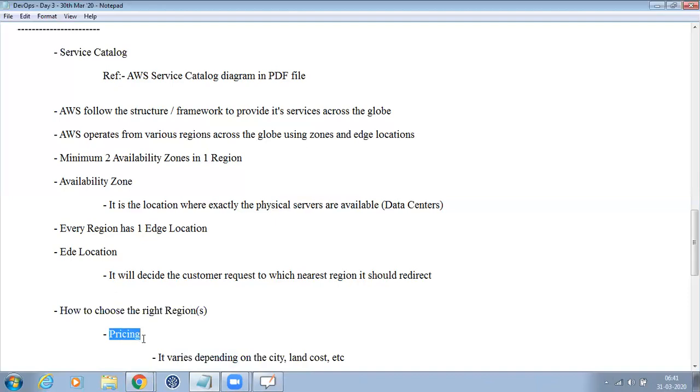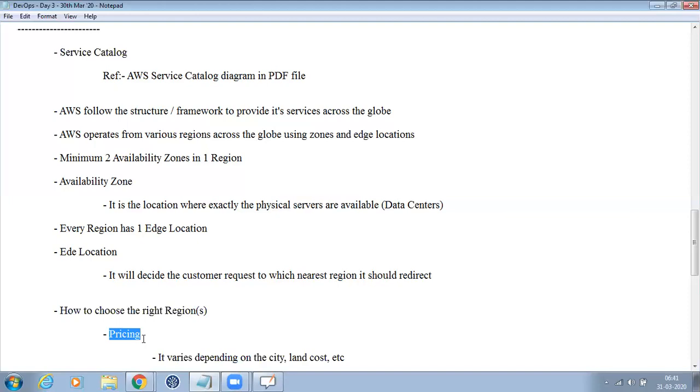Amazon says that this is the cost if in this region, and the price is not always the same. It varies from region to region, location to location, city to city, and country to country. Correct? Because the currency in one country is different from the currency in another country, so accordingly, the pricing varies.